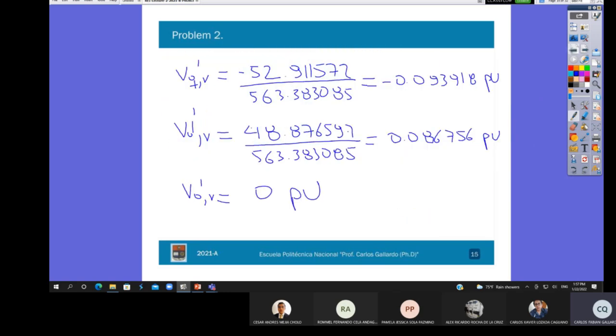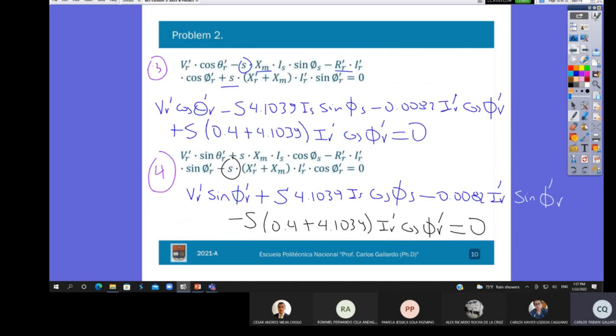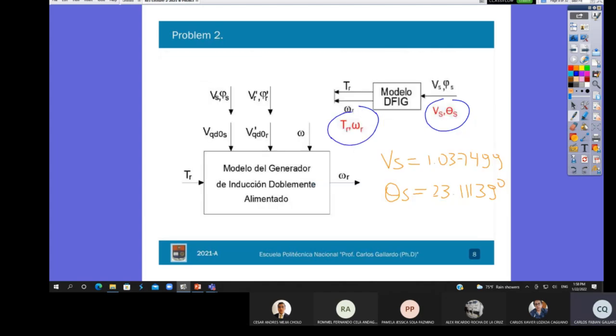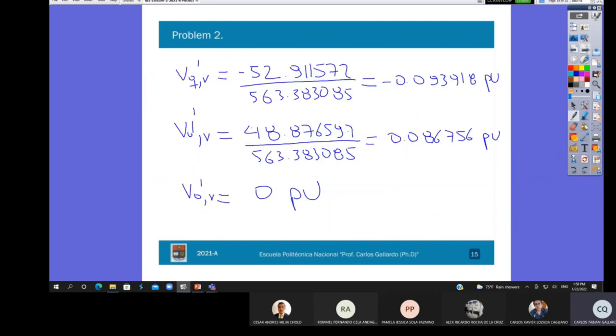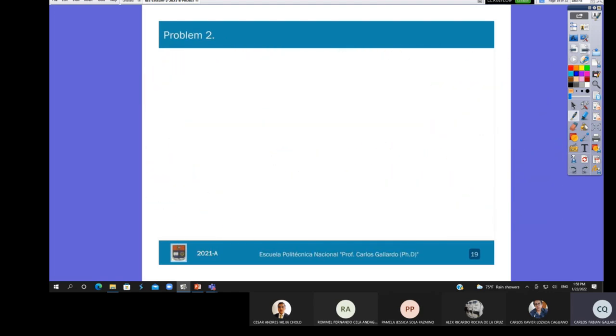So let's back to the methodology. Okay, so this is my first step, is over. Okay, the second step, once I have the voltage, I have already computed the flux. Okay, with the flux, I will compute the current. I have already computed the fluxes.